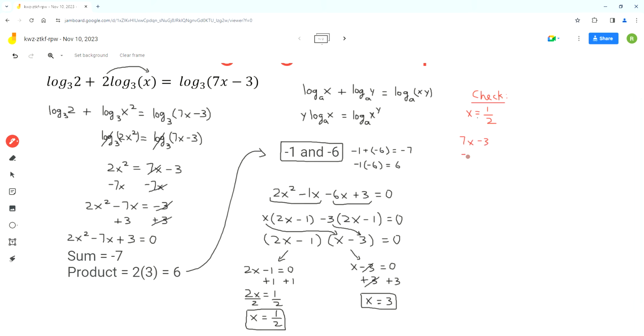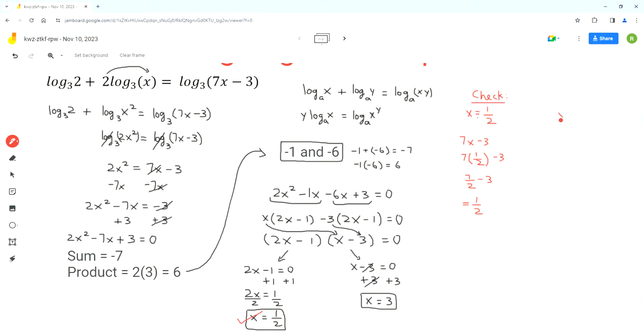So it becomes 7 times 1 over 2 minus 3. So it will be 7 over 2 minus 3, which is equal to 1 over 2. Now x equals 1 over 2 also works for this x log term. The other log term is a number term, so it's not affected by the x value. So that means x equals 1 over 2 is a valid solution.